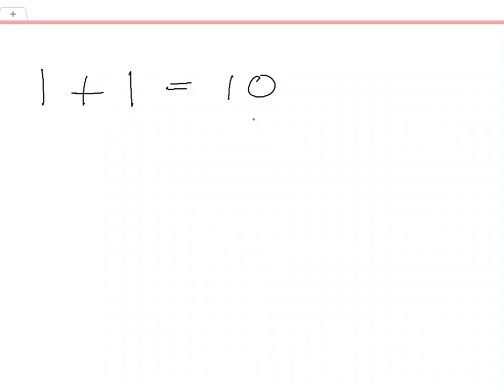Some of the students misunderstood it as 10. 1 plus 1 equal to 2. So in binary, recall what we have learned in chapter 1: this is 2 to the power of 0, 2 to the power of 1, so the answer is 2. That's why we have 1 plus 1 equal to 1, 0.